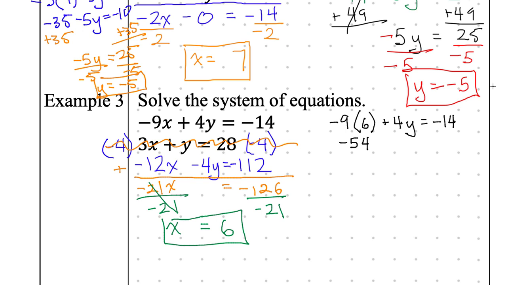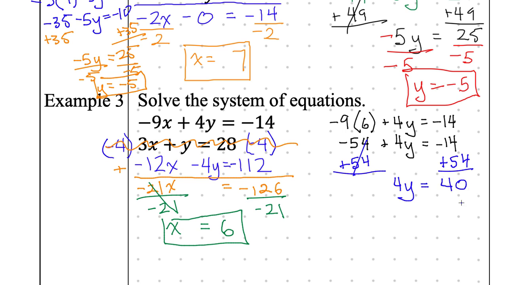Okay. Yeah, thank you. So I have negative 54 plus 4y is equal to negative 14. Continue on, Esha. And then you plus 54 on both sides. And then you have 4y is equal to, I got 40.